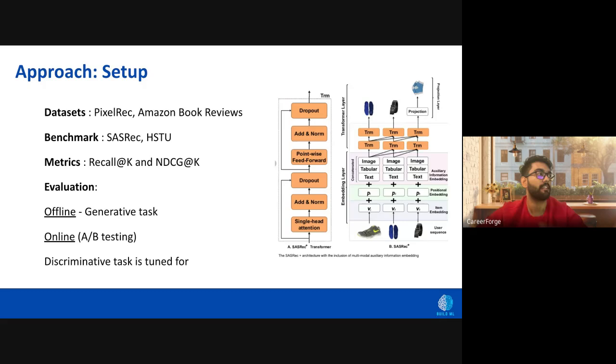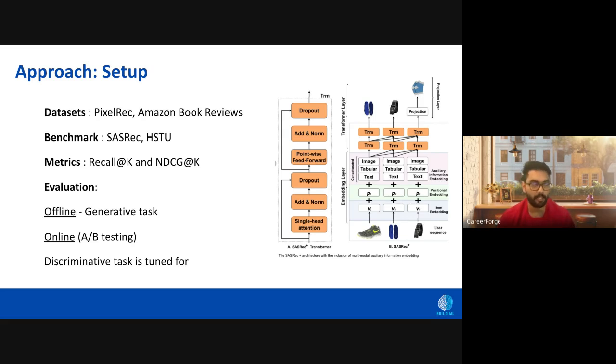Coming to the next section, which is the setup. We have already covered the model, and how the model is trained using the interaction history and the labels that are generated. Now, how exactly are they evaluating everything? The datasets that they've selected are PixelRec and Amazon Book Reviews.